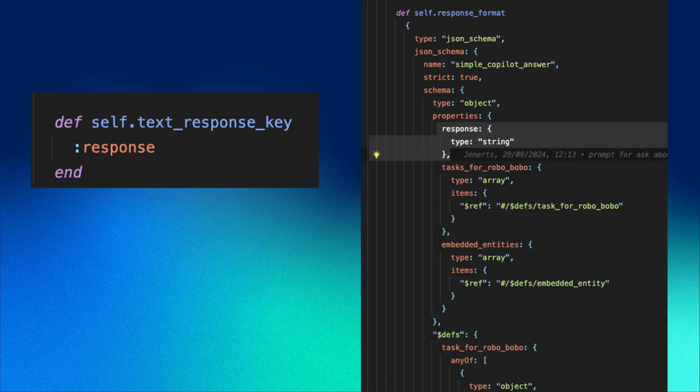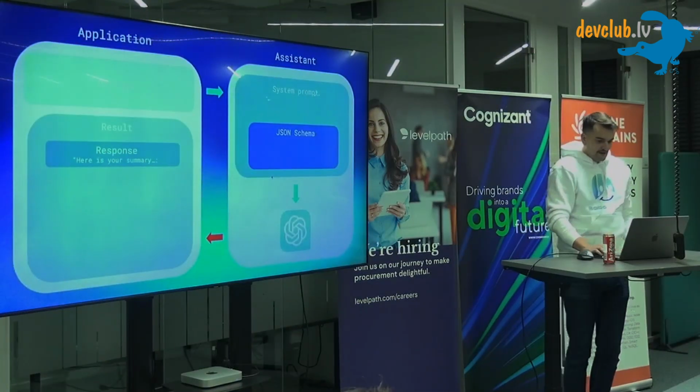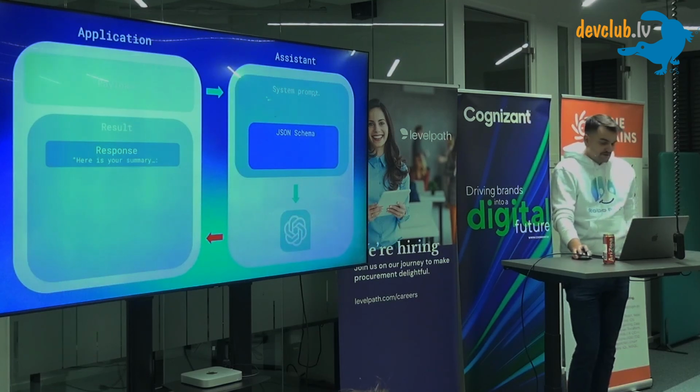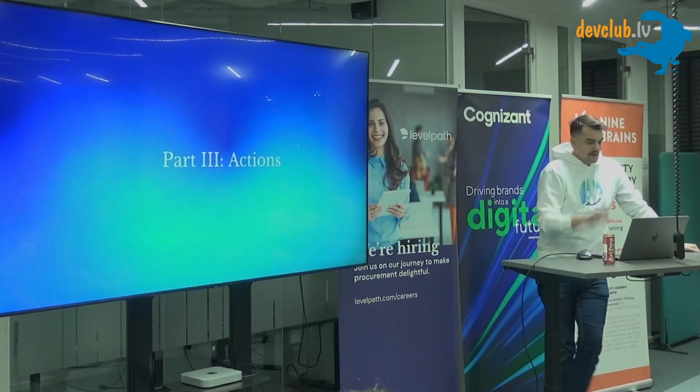Okay, so now our response. Before, it was just a single line of text, and now it's some sort of JSON where our response text is just a tiny part of it. And then there is some other stuff. Okay, that's one. Everything else is the same. We just add JSON schema to our implementation. Actions.